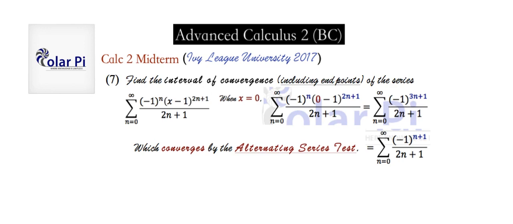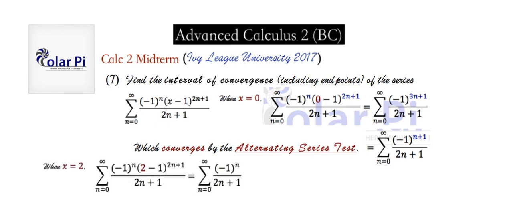All right, what about x equals 2, the other endpoint? Well, there, our series is going to be this, right, when x is equal to 2. And then this is 2 minus 1, which is 1 to the power 2n plus 1. Well, we don't need to write that. So our series, when x equals 2, reduces to this here. And for the same reason as this other guy here, this is going to converge by the alternating series test.